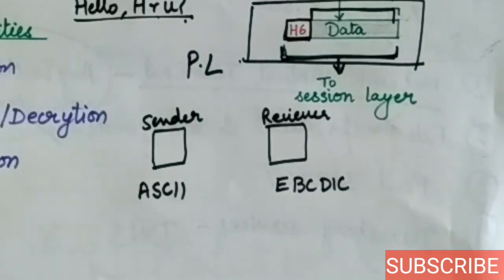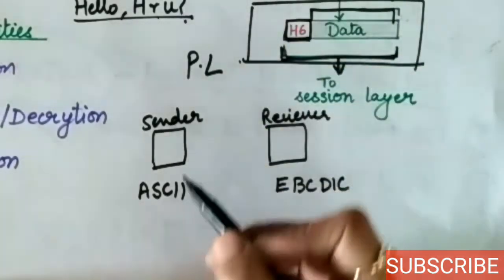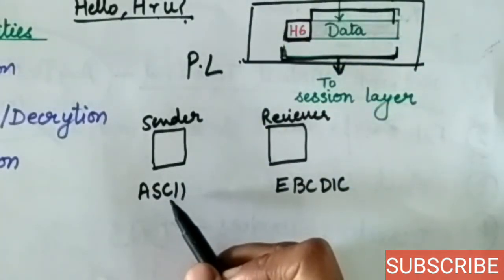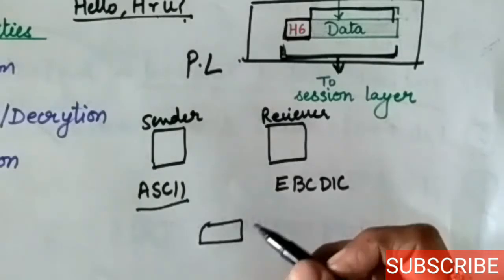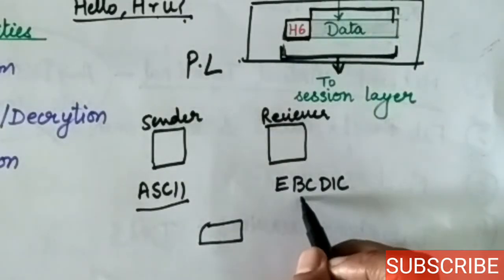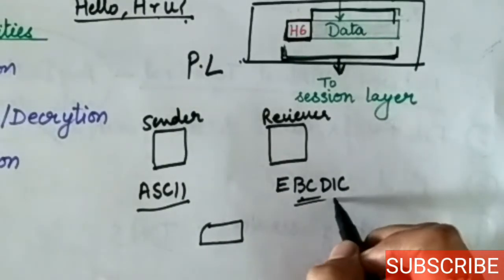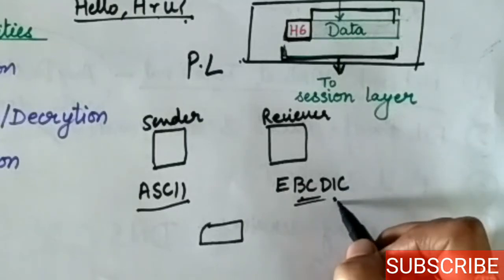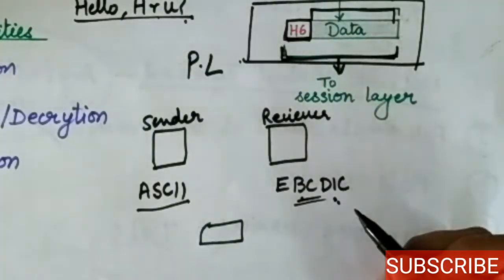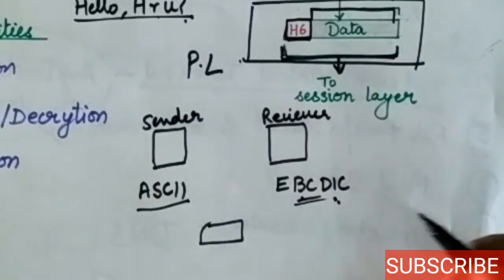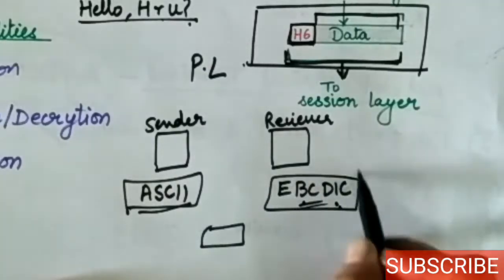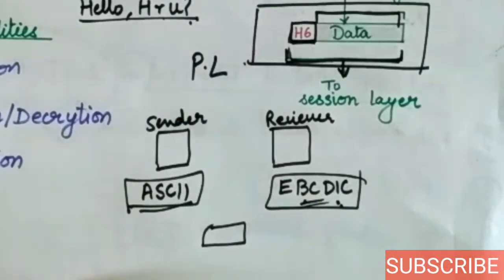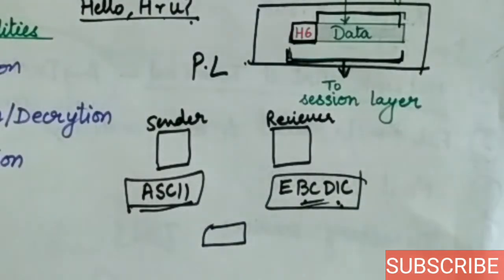So the presentation layer will change the ASCII code into a common format, and then this common format at the receiving computer will be changed to EBCDIC code. So the presentation layer changes the sender dependent format, ASCII code, to the receiver dependent format, the EBCDIC code. This is translation from one form to another form.